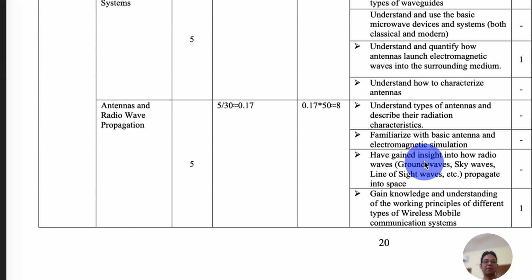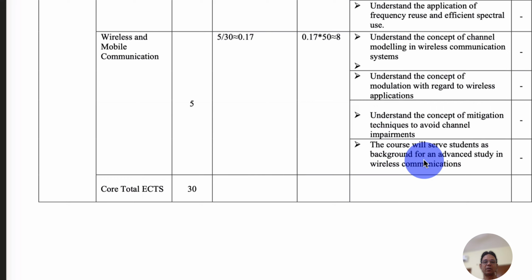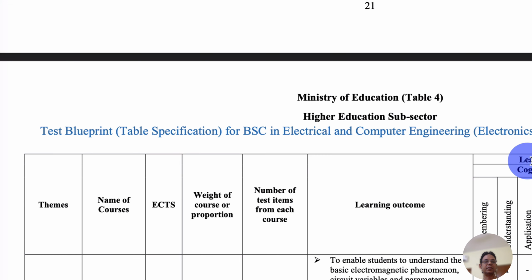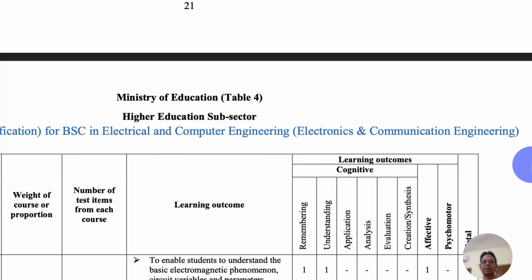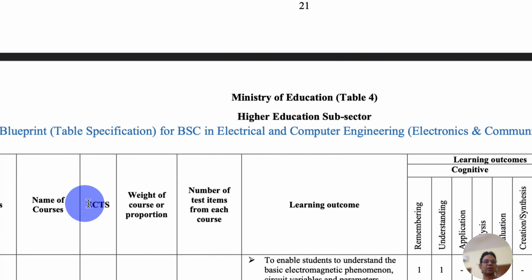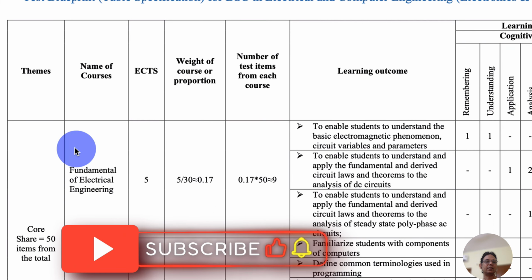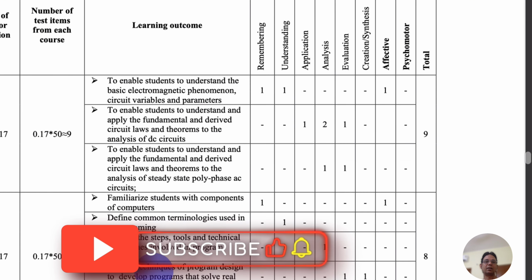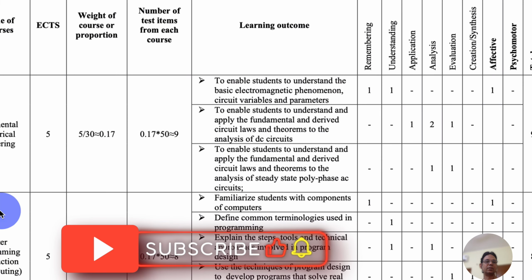Then similarly we have a blueprint for BSc in electrical and computer engineering. So BSc in electrical and computer engineering, you can see these are the learning outcomes and the cognitive levels according to these courses. These are the details about courses.